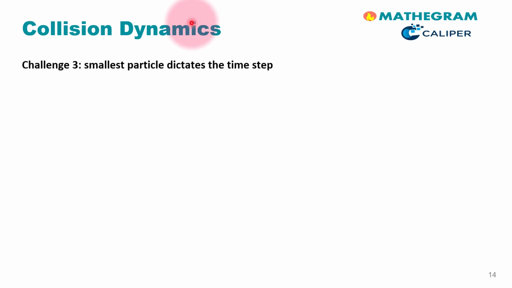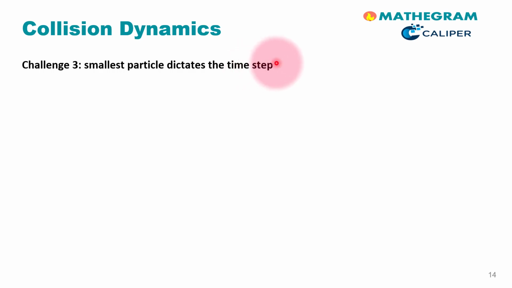As you will understand, challenge number 3 is that the smallest particles dictate the time step of our DEM simulation. The reason is that in order to keep our numerical integration scheme stable, we have to find the critical and in our case smallest Rayleigh time in the system.